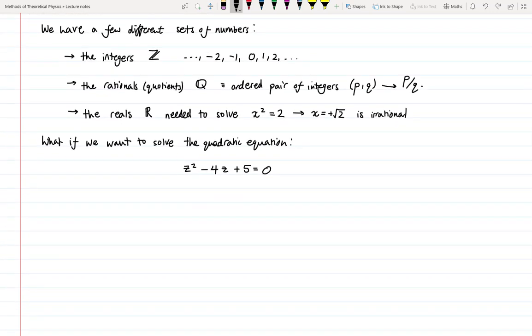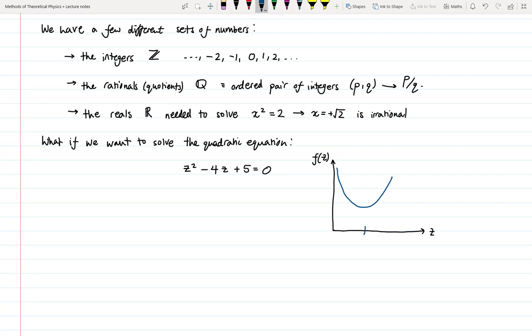So it's easy to plot the graph of this. I'm going to do that at the side over here. On the x-axis, we've got z, and on the y-axis, we're going to plot f of z, where f of z is this polynomial on the left-hand side. And this is what this function looks like. It's a parabola.